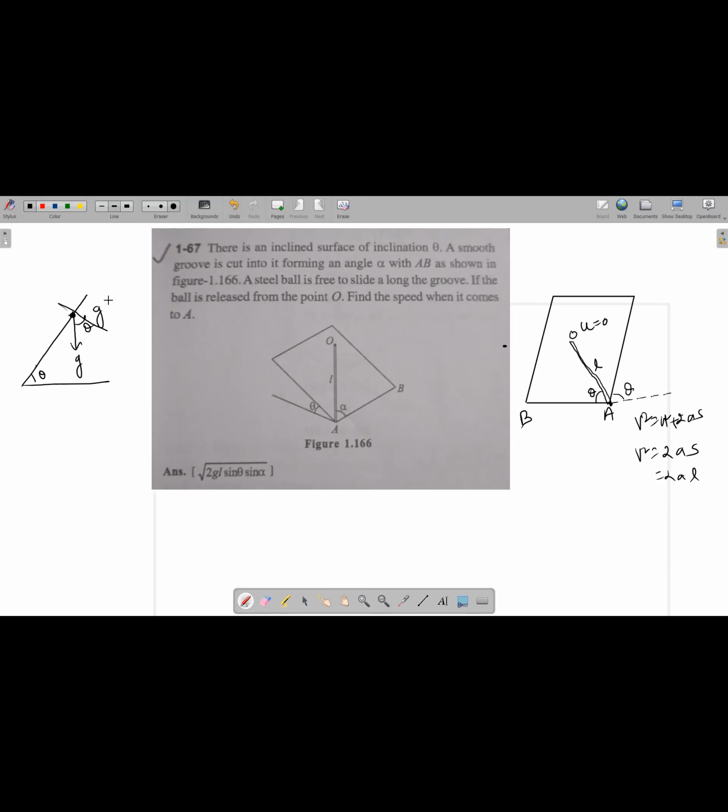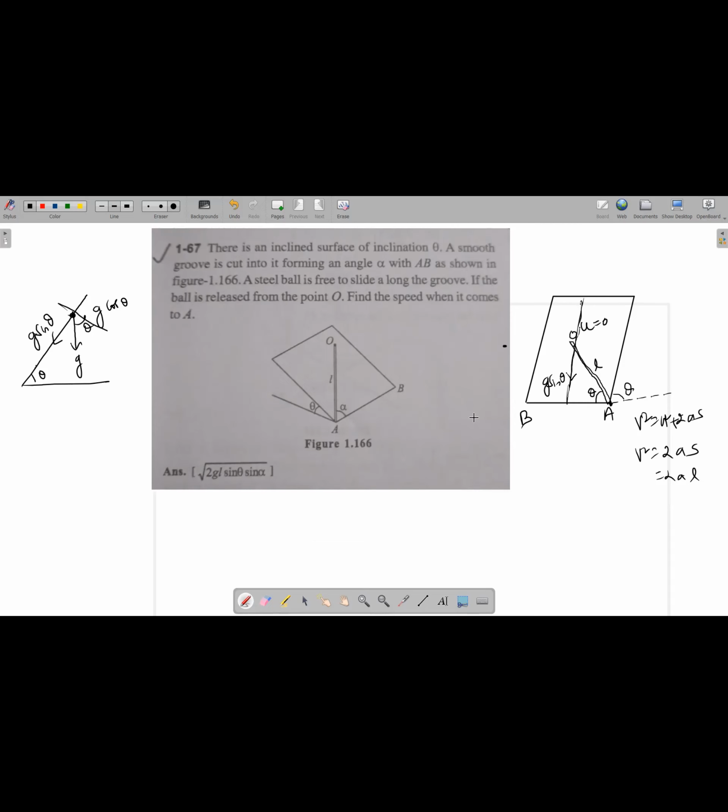This will be g cos theta, and this will be g sin theta, right? So the acceleration along the inclined plane will be g sin theta.